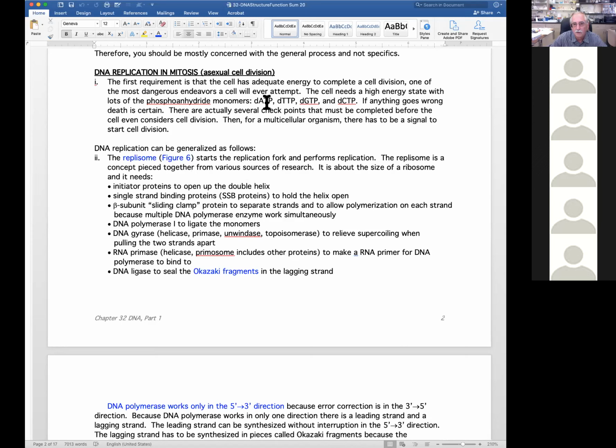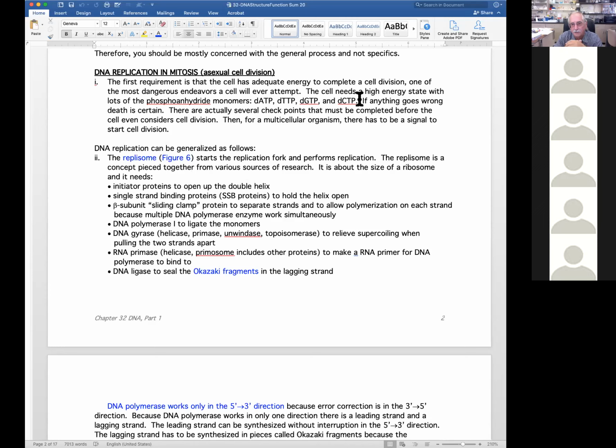And if the cell doesn't have a high energy state, it's not going to have a whole bunch of these monomers. It's not going to go through cell division. And the other thing about cell division is this. If you start the process of cell division and something goes wrong, you're dead.